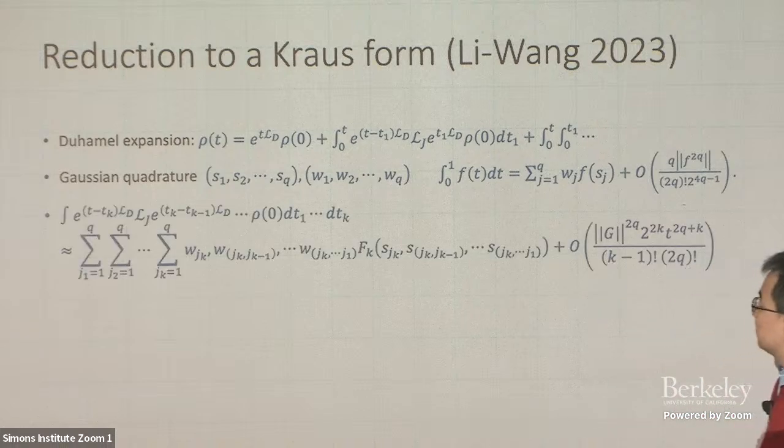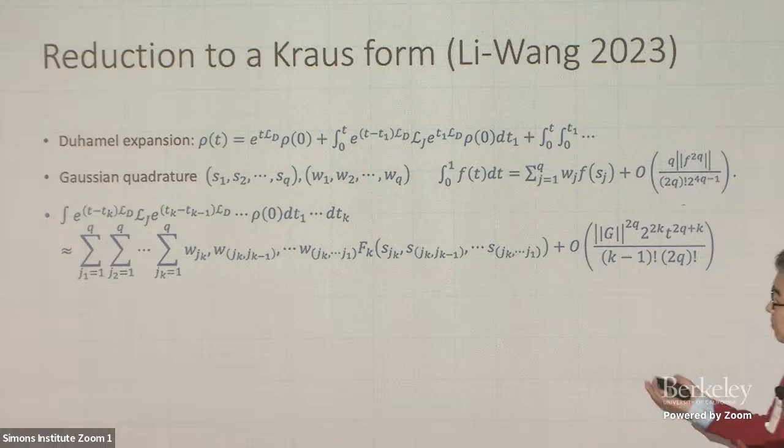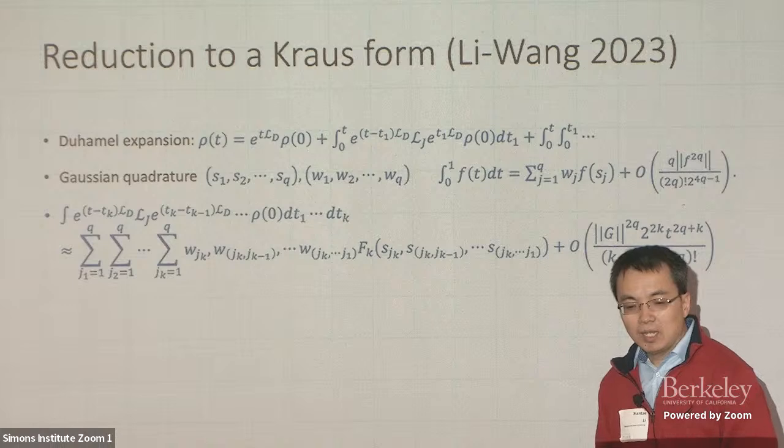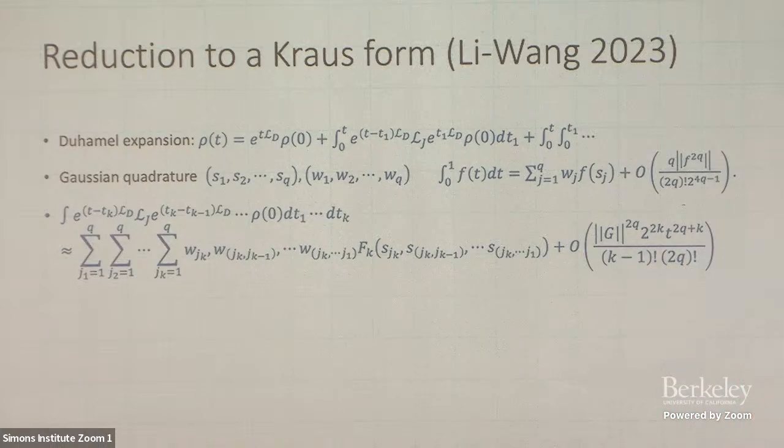The second benefit is that in the end, like in the previous slide, you're seeing a linear combination of the Kraus operators. To actually implement that, we need to figure out the sum of the coefficients. This is where we took advantage of special properties of the Gaussian quadrature, where there are some really nice identities for the quadrature weights and quadrature points. You can easily estimate the sum of these coefficients.